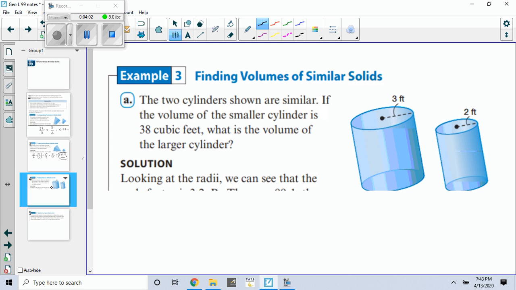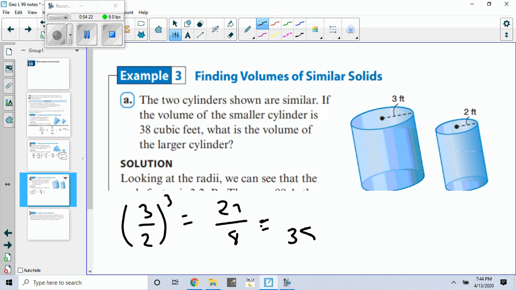So we're going to set up that 3 to 2 ratio, but in this case, we're going to cube it. So it ends up being 27/8. And that's the ratio of our volumes. And it tells us the volume of the smaller one is 38.